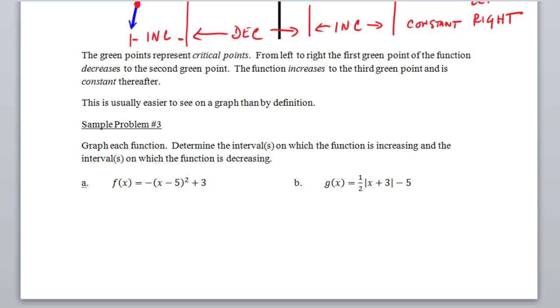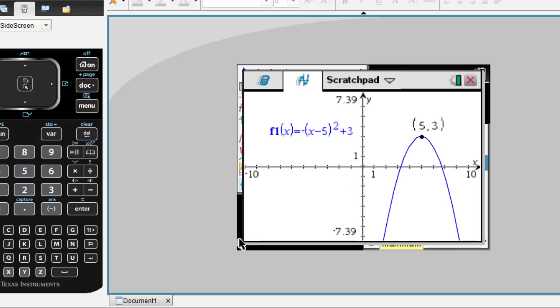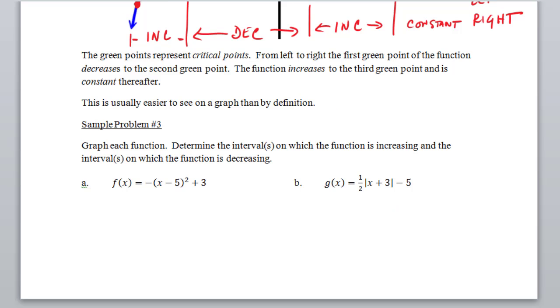And so I've gone ahead and graphed this for you, and you can see that we have a quadratic, we have an upside down parabola, and that's implying going to infinity on both sides. So it has an increasing part and it has a decreasing part. So why don't you go ahead and take a little time to graph, determine the intervals of where it's increasing and decreasing for part A.